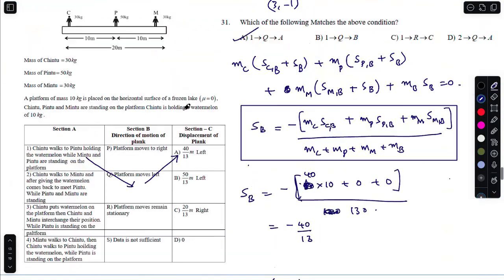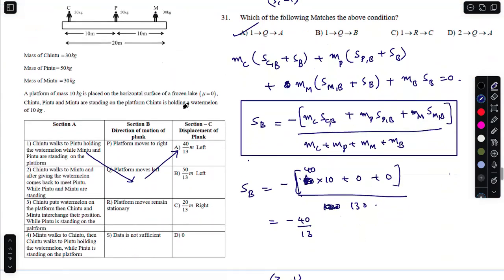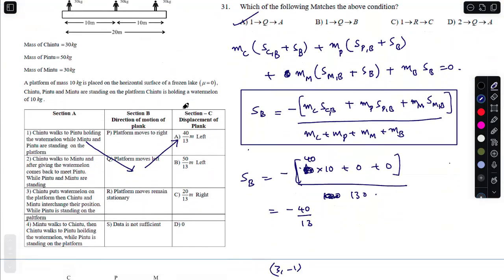In this question, the third one: how is this possible? Tell me. When A happens, A should cause section C, A should happen. Obviously the platform. No other option matches.